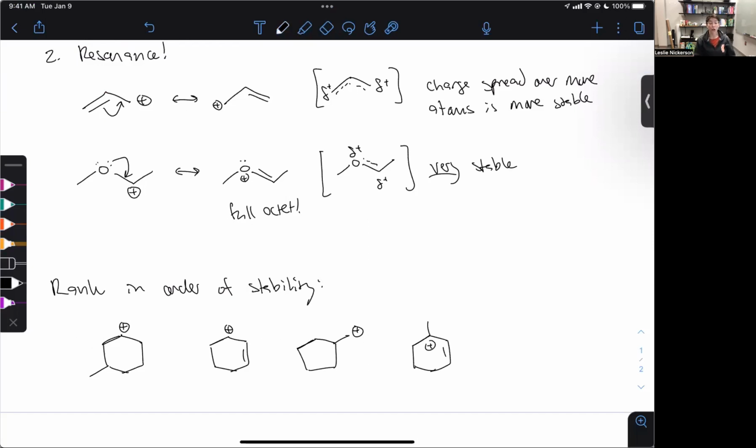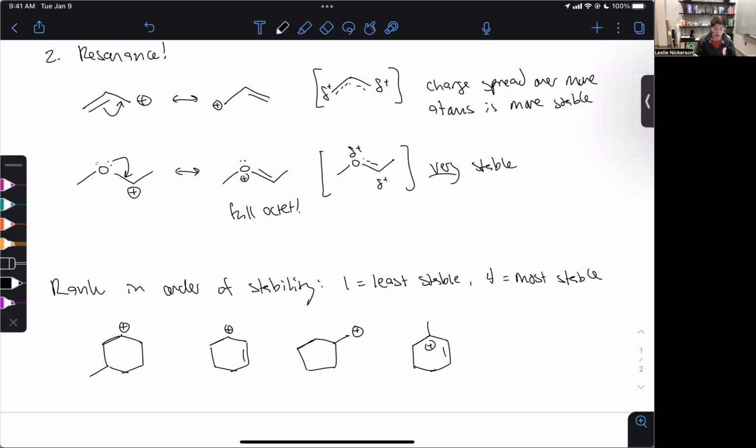We should get really quick at this. We're going to say that 1 is least stable and 4 is most stable. So we're looking for substitution, and we're looking for resonance.